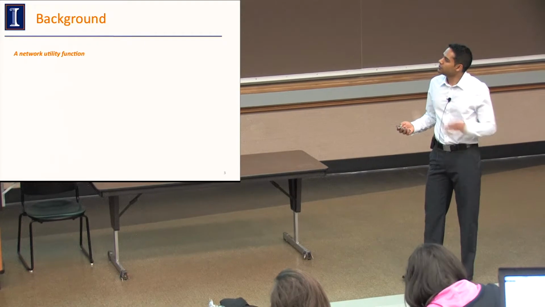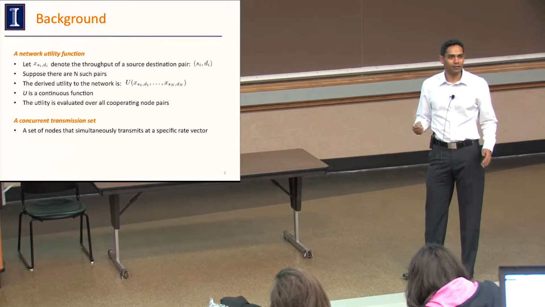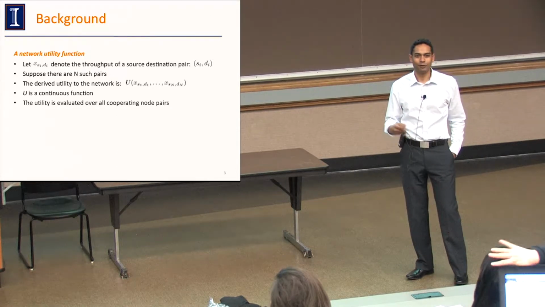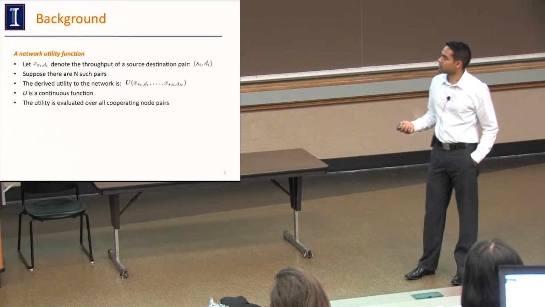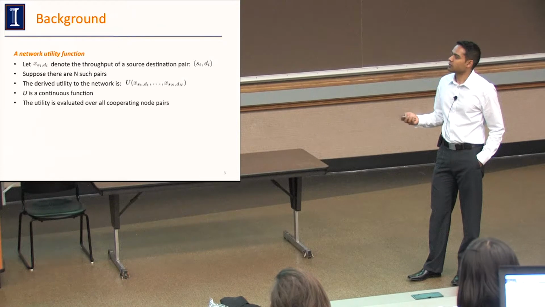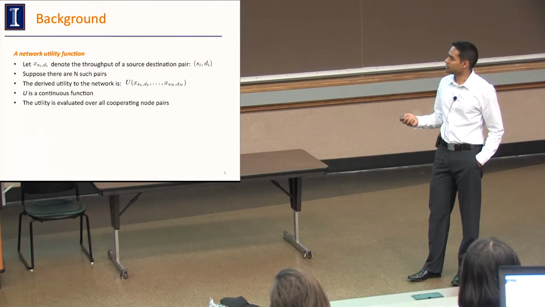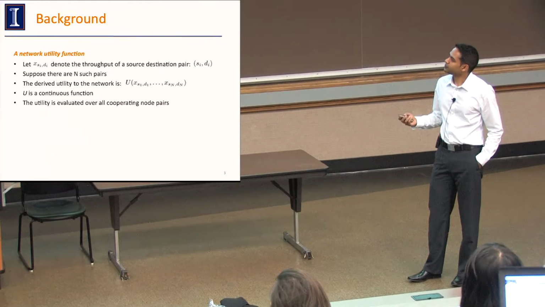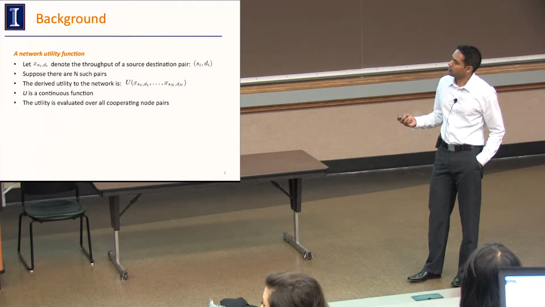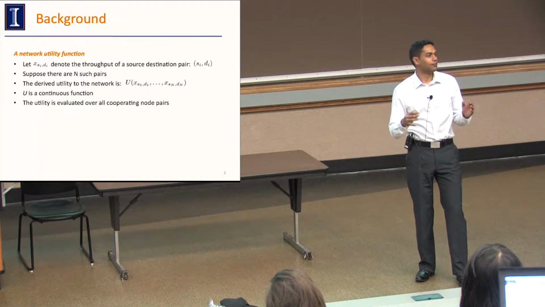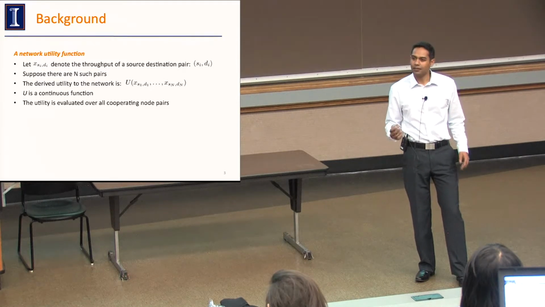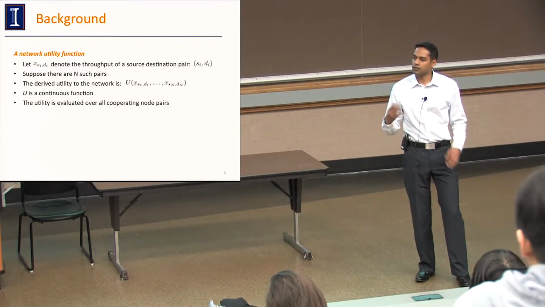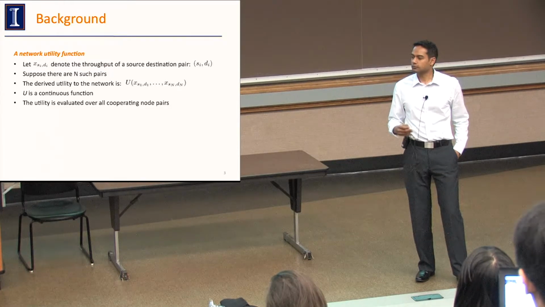So I'm going to give you a bit of background on some terms that I'll be referencing later on in the talk. First, Professor Kumar talked about a network utility function. In a network, you have a bunch of source-destination pairs, and each of those pairs communicates at a certain throughput.